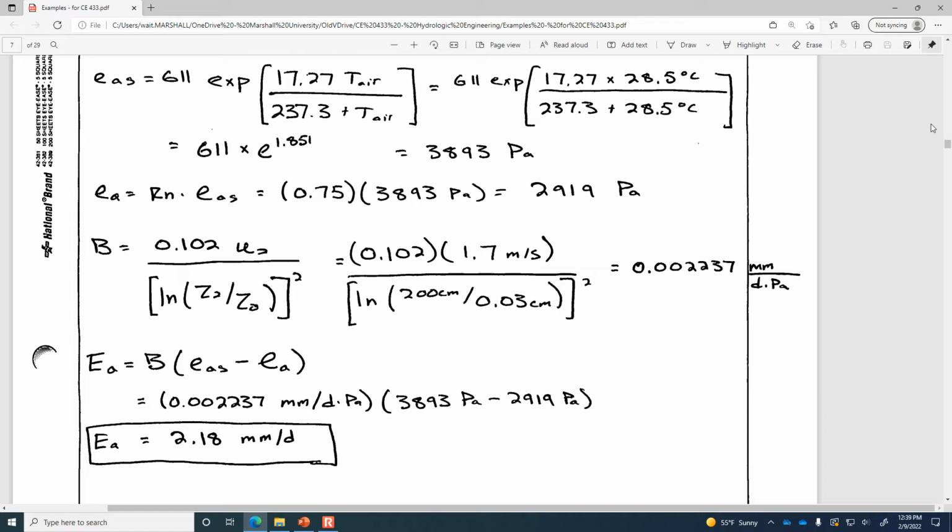Now, the energy method was assuming that there's unlimited space in the air above the water to accept the evaporating water. The aerodynamic method is assuming that there's unlimited energy available, that the only limiting factor is how much space there is in the air above it. Now the reality is that it's going to be somewhere in between.